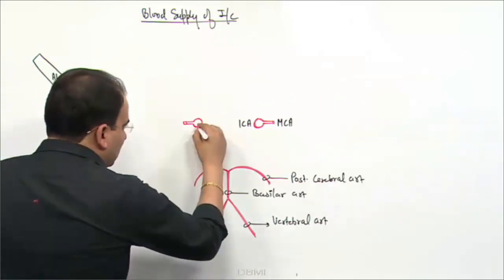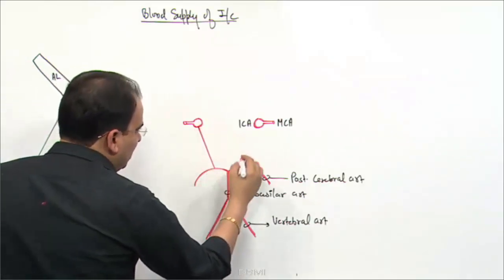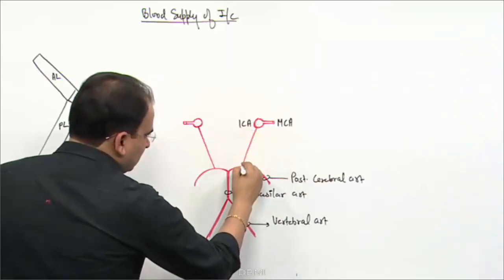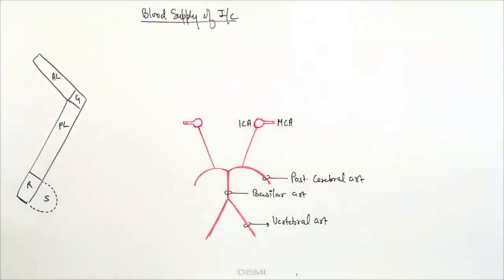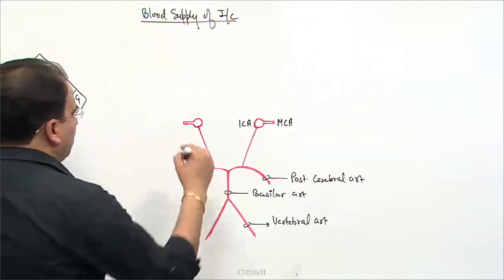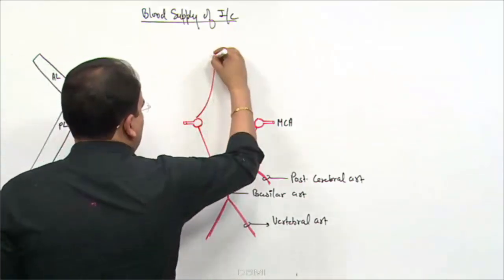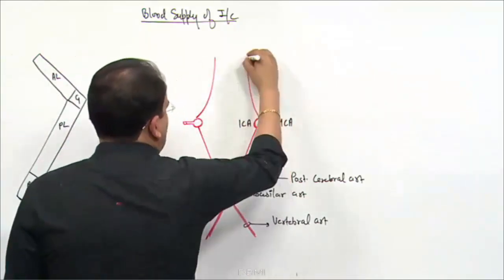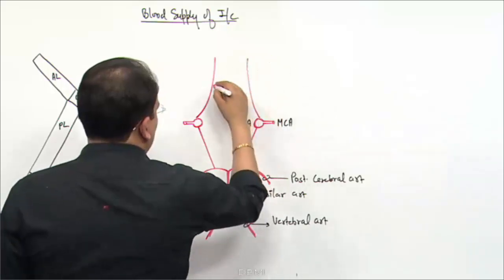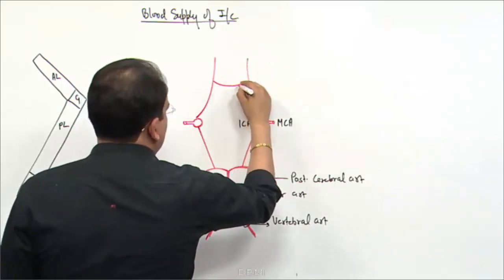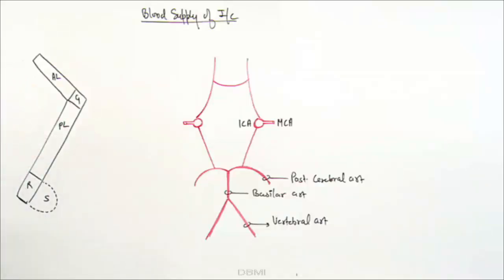The internal carotid is connected behind by these posterior communicating arteries. This is posterior communicating. That is anterior cerebral artery, and both the anterior cerebral arteries are connected to each other by anterior communicating.